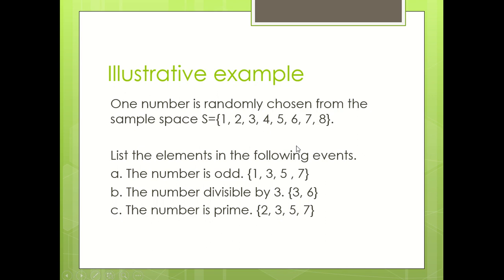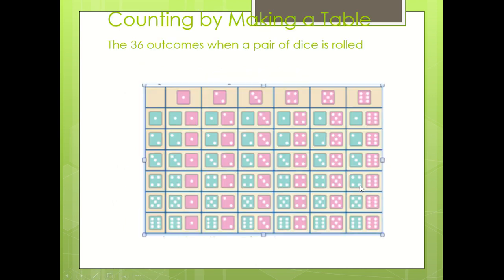Going back to the list, we can list 2, 3, 5, and 7 as the prime numbers. The rest are called composite numbers except one, which is said to be a special number.